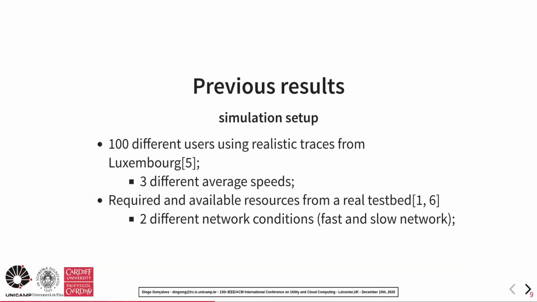To evaluate the impact of user speed, we created two more datasets based on the original one. These datasets were 2 and 3 times faster than the original dataset, keeping the same route. We simulated these users in two different network conditions, which we named faster and slower network. These network parameters were based on a real testbed.